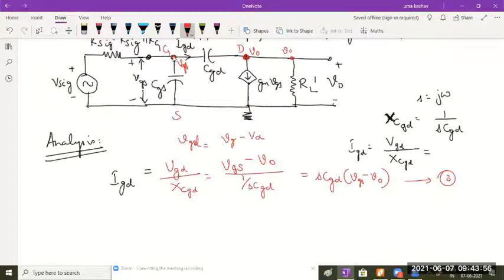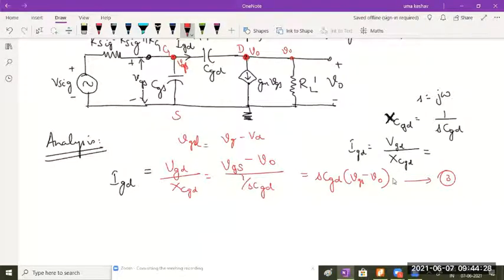So what is the voltage at gate? VGS. And what is the voltage at drain? V0. Hence, the voltage difference is VGS minus V0. That divided by the capacitive reactance, 1 by SCGD, or I can write an expression for the current through this capacitance: IGD will be SCGD into (VGS minus V0).